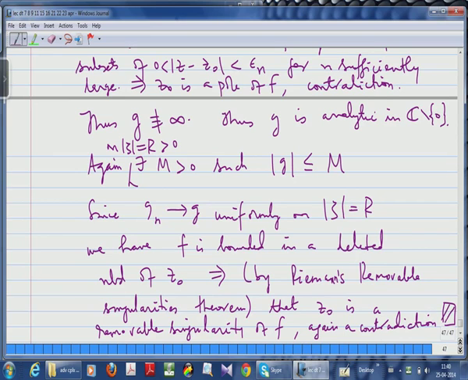And that finishes the proof. There are only two choices for g, and both choices lead to contradictions.